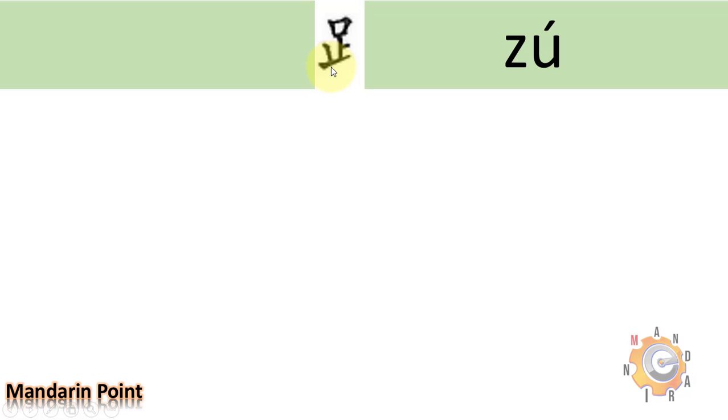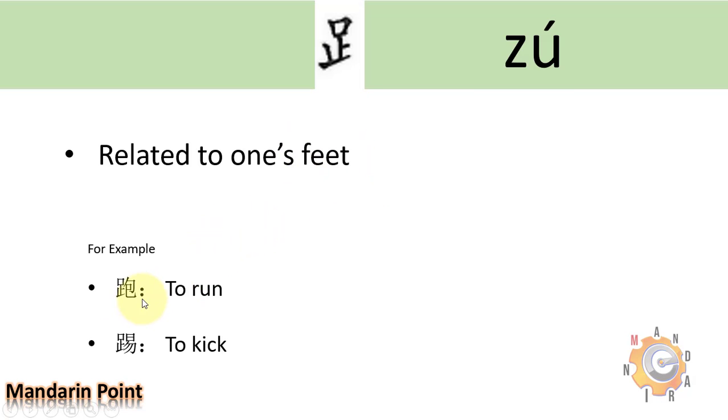Let's talk about some radicals. Today we will learn about this radical. It is zu. This radical represents the meaning of feet. Whenever this radical is present in any other character, it will have some meaning which is related to someone's feet. For example, pao, to run.